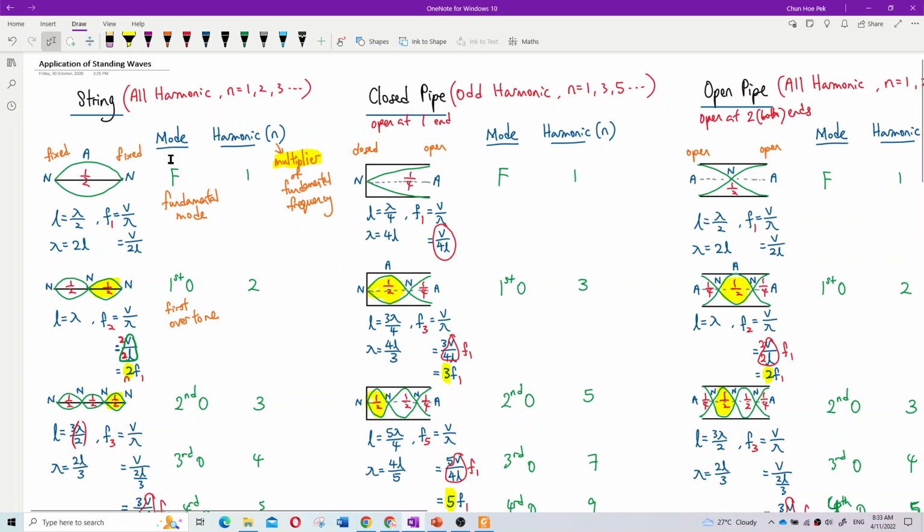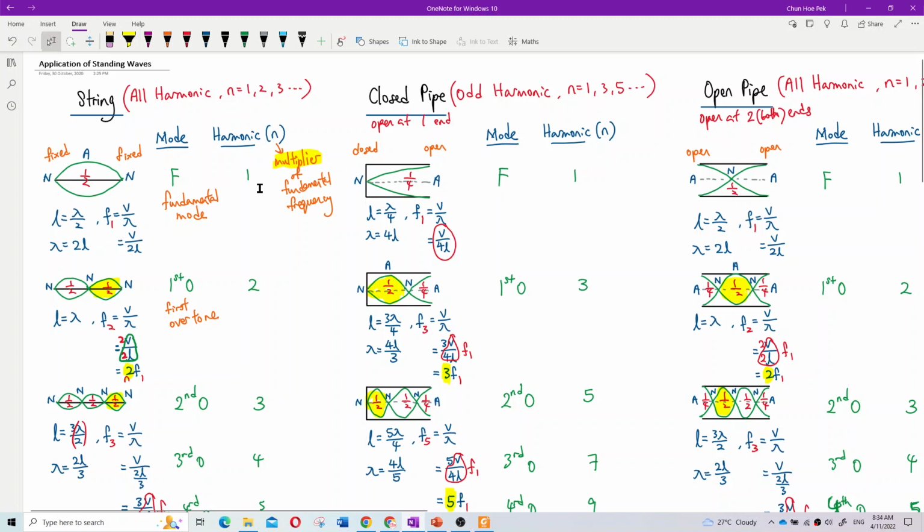Okay, all the fundamental mode is put as first harmonic, because they are the base frequency. They are the smallest frequency. So they start with first harmonic. And then the next overtone, we always use the first harmonic frequency to compare. Understand?